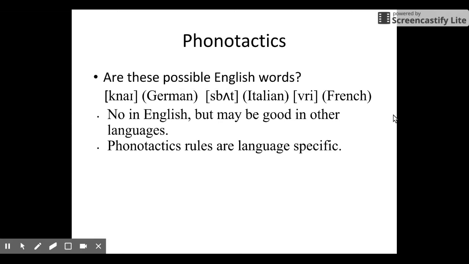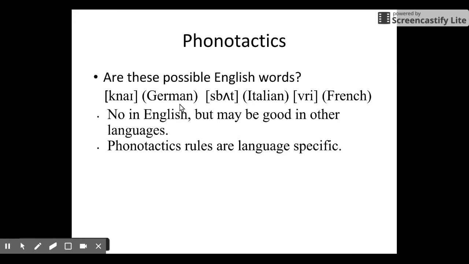Okay, let's move back to phonotactics. So again, phonotactics rules are language specific. For example, we have this German word Knie, and then we have this Italian word spot, and this French word vrille.